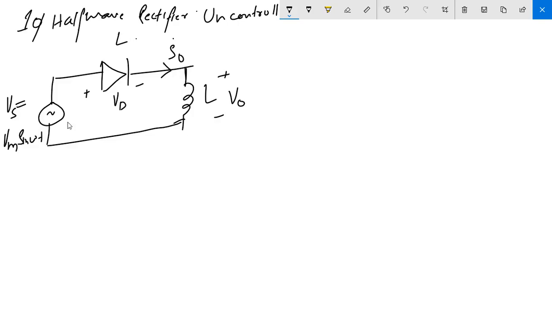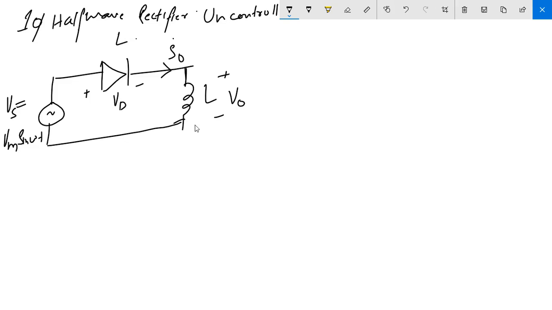I naught. In the last lecture we discussed the loads, voltage stiff load and current stiff load. I have placed this as a current stiff load because the nature of the current will be changing. When we discussed the R load, voltage and current had the same waveform, so it was a voltage stiff load.